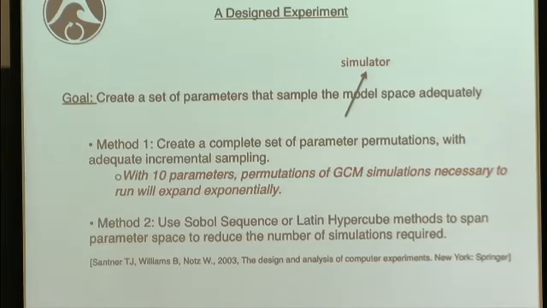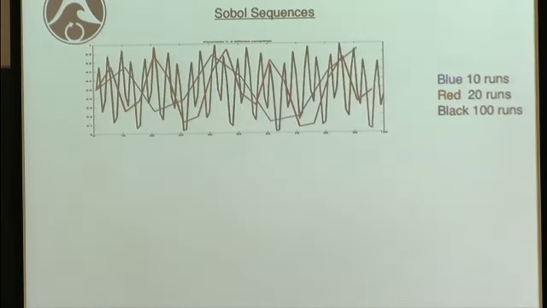And I'll just give an example of this. This is just using the Sobol sequences, and I think this is a MATLAB routine. The y-axis is just 0 to 1, and this is the number of runs.